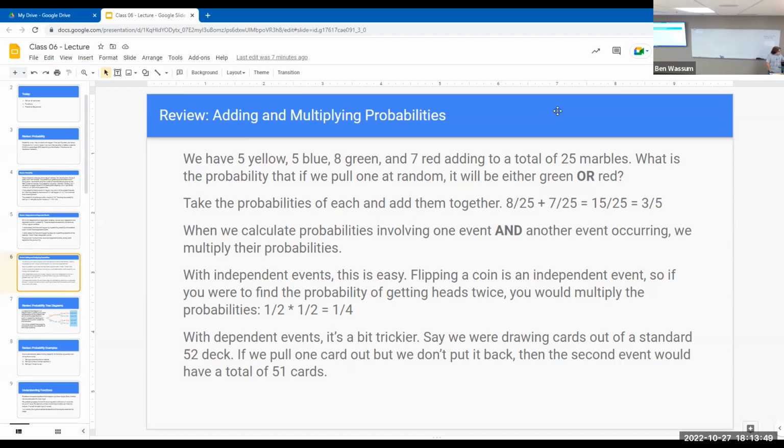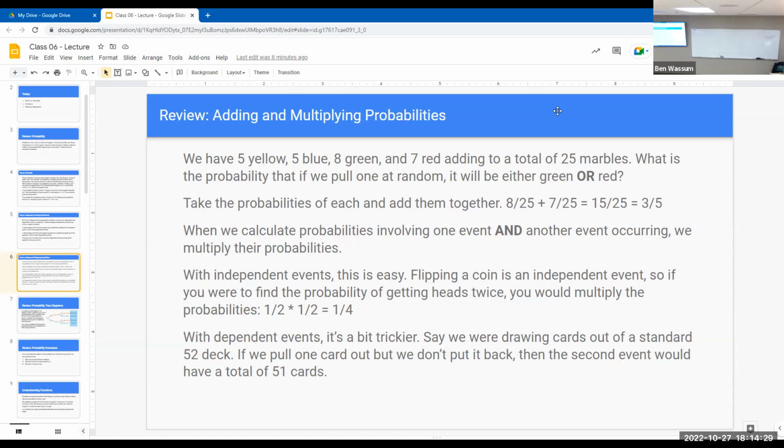If there are 8 green and 7 red, and you're seeing what the probability is for getting either a green or a red, well, there's 8 green, there's 7 red, so to satisfy that, there are now 15 possibilities rather than just one or the other, right? So that's when you add the probabilities together. Usually the word or is a big indicator, but generally the concept is when you are having to put together a couple of options.